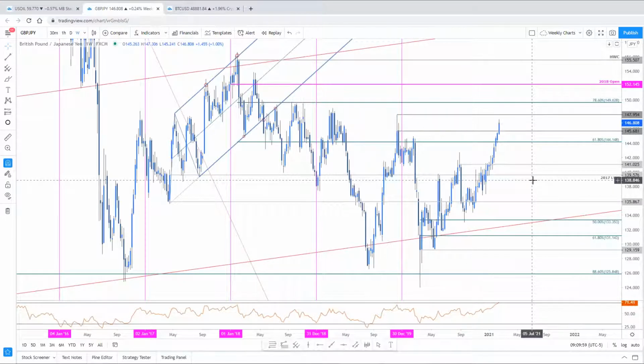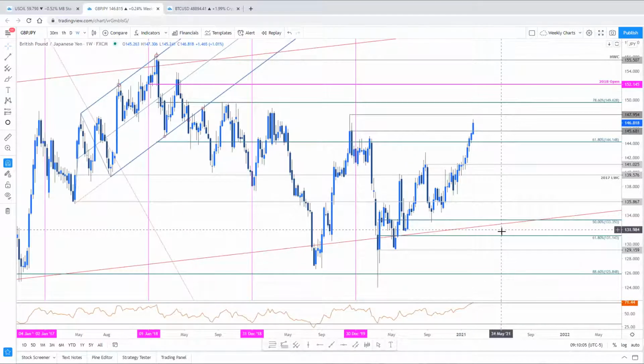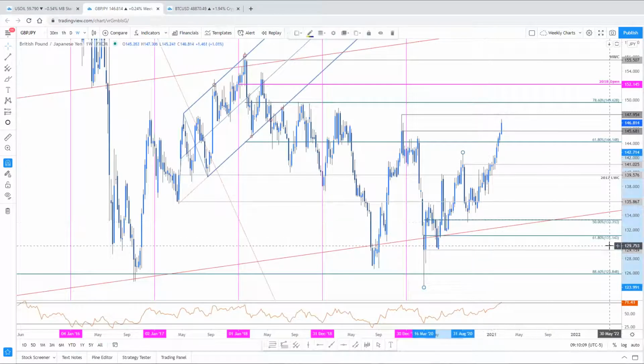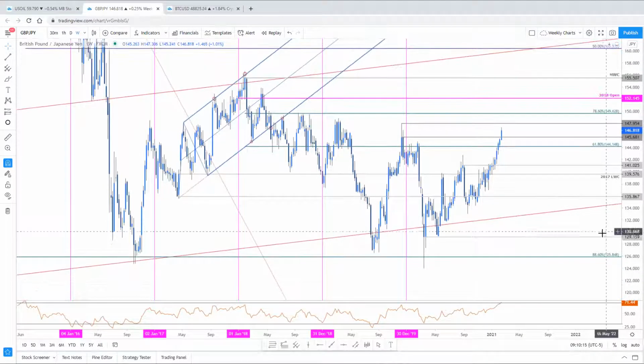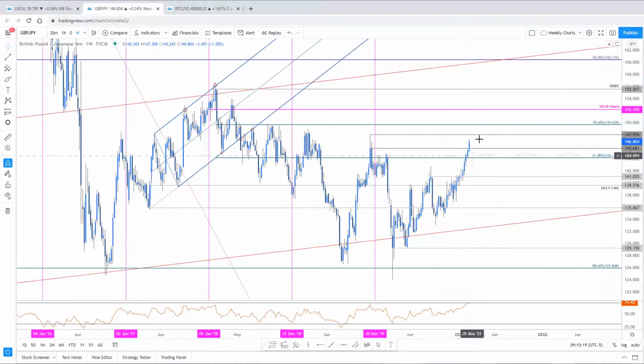I am mindful. I always tell you when I think things are overstretched, but I'm mindful of taking a stance based on that because again, the markets can stay overstretched, brother, way longer than we can stay liquid. And I always tell you this, things can stay overbought for weeks, months, years, and nothing says that has to come back. Sterling's been on a tear, yen's been on a sell-off. The combo here, I do agree, it does look stretched. Let me just put that out there, Marcin. If we're just talking about it between me and you, yeah, it looks stretched, but what does that mean?